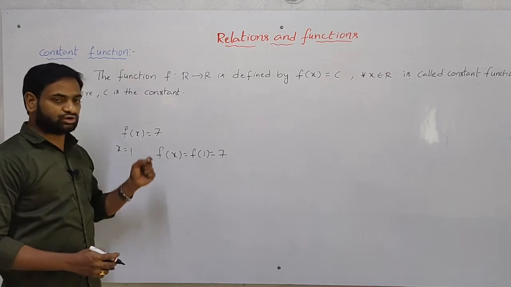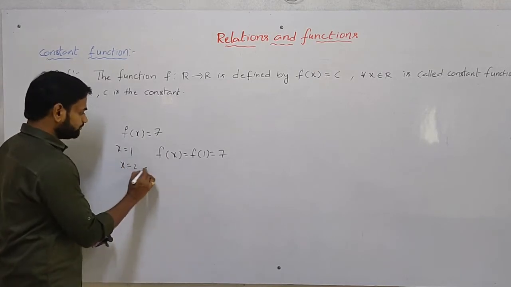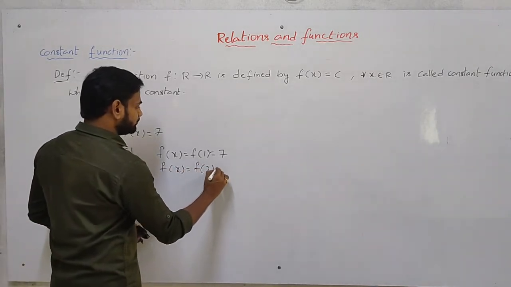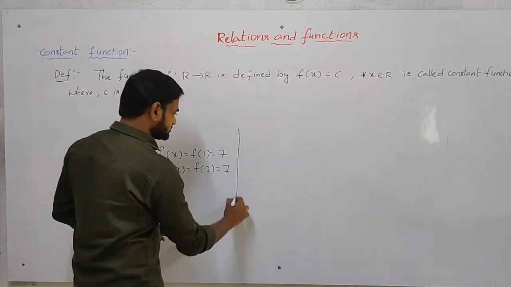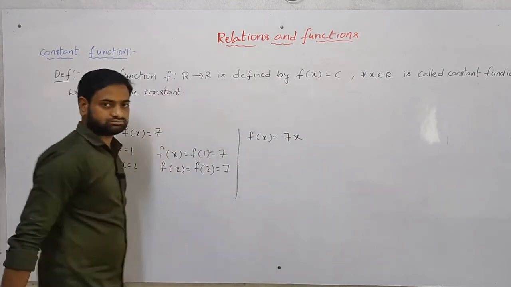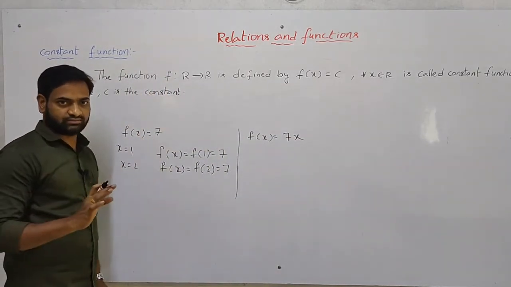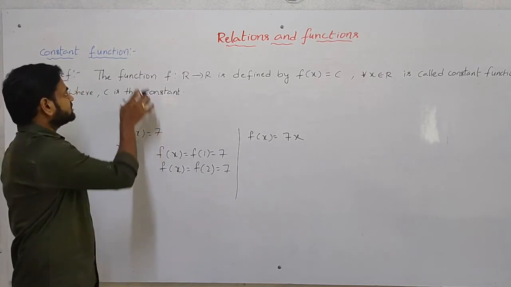We cannot change the value of the function. So if we take x is 2, then f of 2 is 7 only. See the difference. f of x equal to 7x. Here only 7 is there, only constant is there. That's why it is constant function.